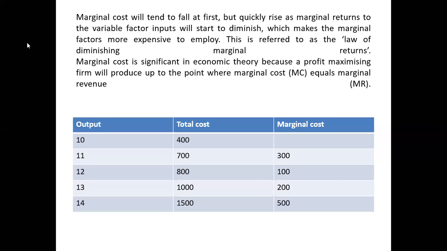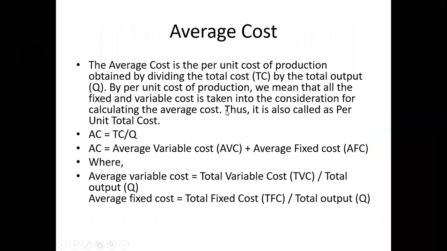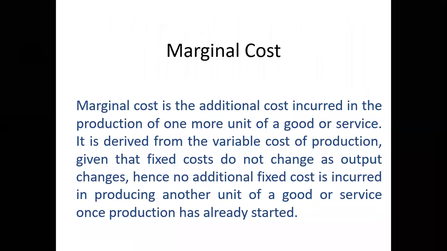Ma'am, if output decreases, then what happens? No, if output decreases, that is not a matter of calculating marginal cost, because marginal cost is only calculated when one additional unit of output is produced. If you remember the earlier slide, you will see that if output increases, only then does additional cost get incurred in the production of one more unit.